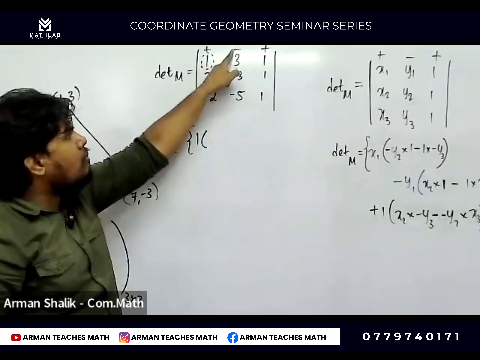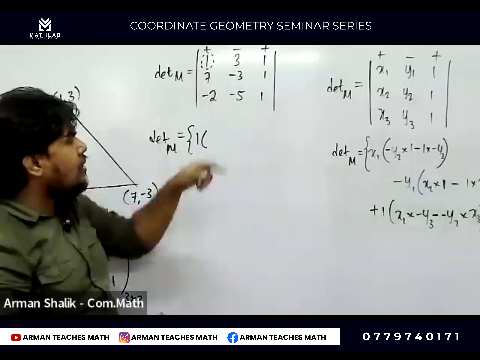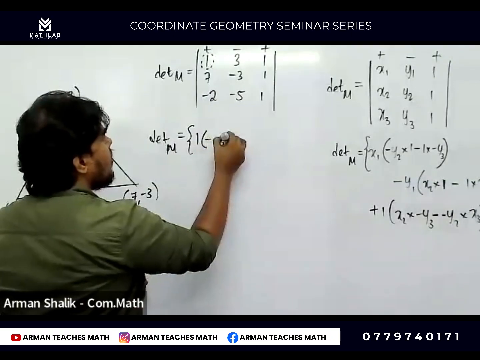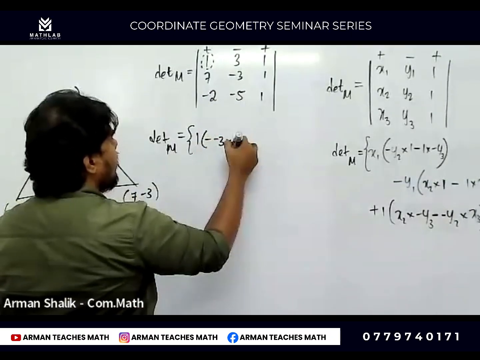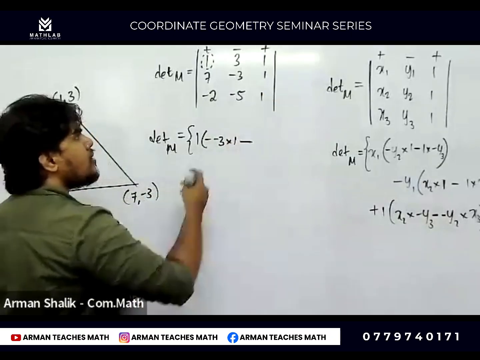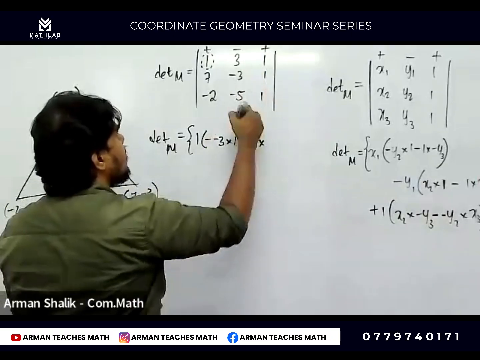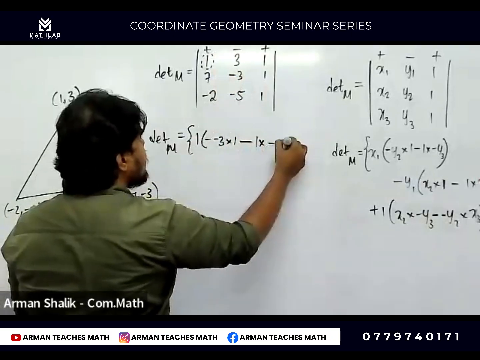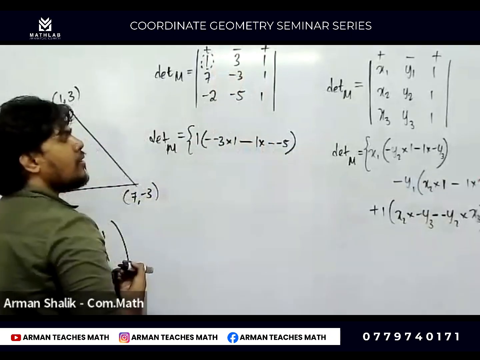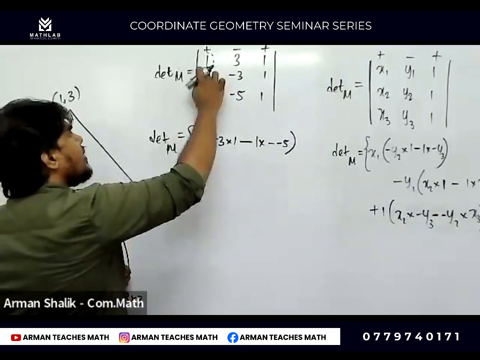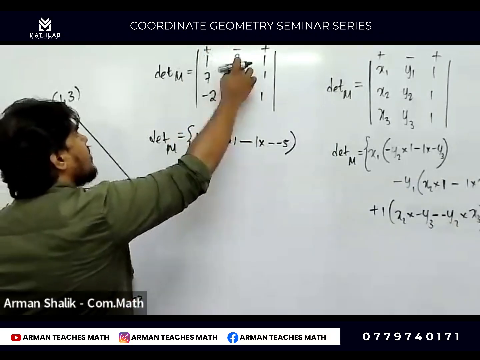This minus belongs from the minus column, so you have to multiply. Minus minus 3 times plus 1 by default minus 1 times minus 5, coming from the minus column, minus minus 5. Then I am selecting the next number, minus 3.